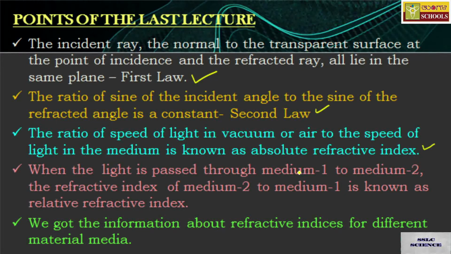Relative refractive index is the term used when light passes from medium 1 to medium 2. The refractive index of medium 2 with respect to medium 1 is known as the relative refractive index. We got their formulas too. These are the definitions, and we also got information about different refractive indices for different material media. These are the points I discussed in the last lecture.